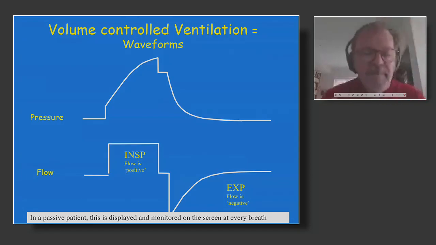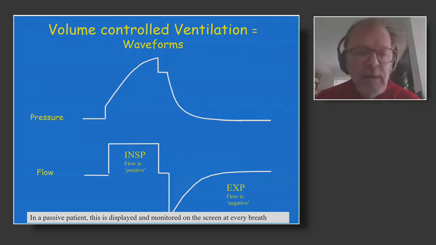I did not display the volume here, which is usually the third waveform on the screen, but just remember that the volume is the integral of flow over time. So it's not directly measured by the ventilator, but calculated from these waveforms.